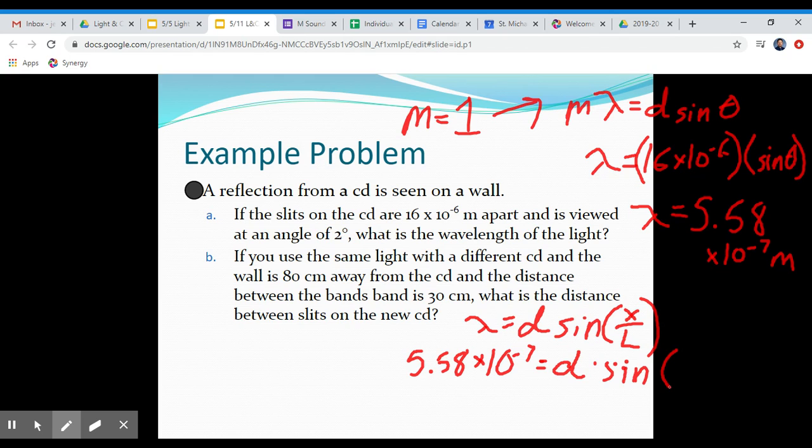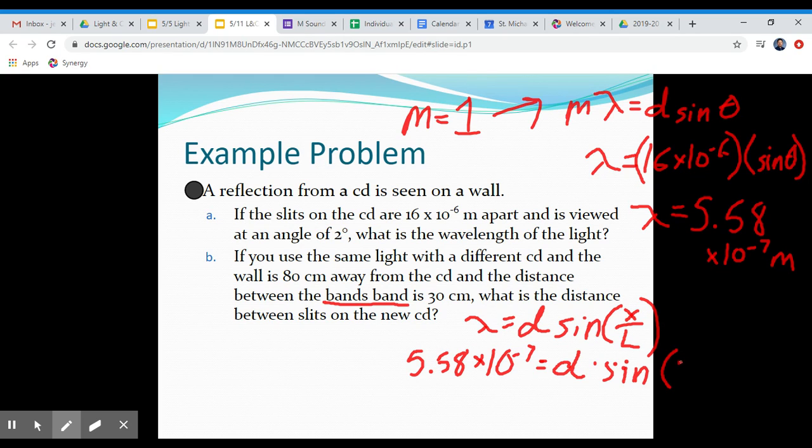Well, x is going to be the distance between the bands. I just realized there's a typo here. What is the distance between the band? I just meant bands. The distance between the bands is 30 centimeters. So we want that in meters. So that's actually going to be 0.3 meters.